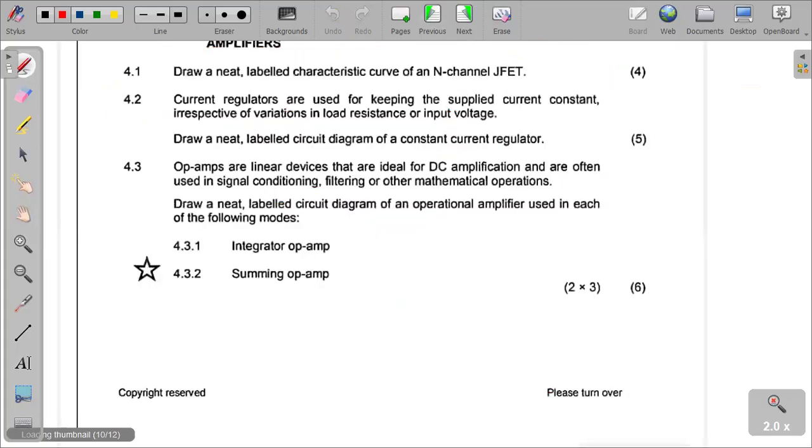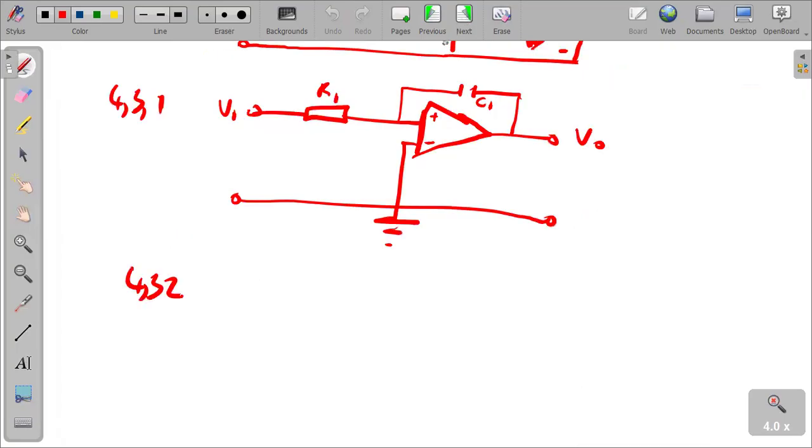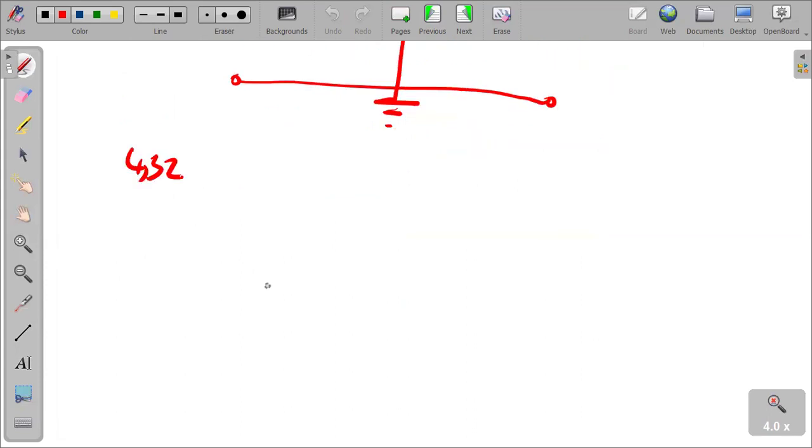For 4.3.2, I think the summing op amp. So we want the summing op amp. With the summing, there it is. We have to indicate the resistances that it's having. So I just indicate from here. So there we are.